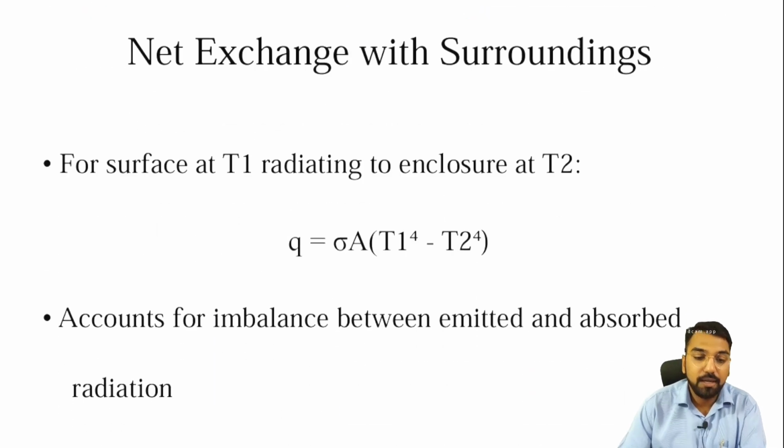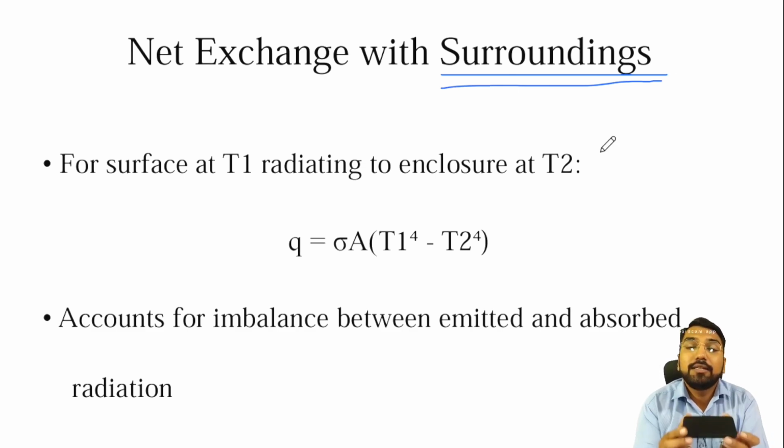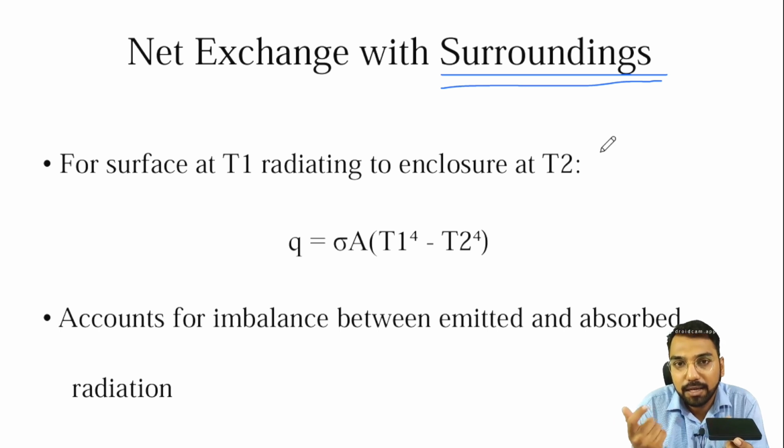Net exchange with a surrounding. What is meant by that? Let's take an example of a metal plate. Let's say this metal plate is radiating 50 watts of heat energy to the surrounding. The metal plate is at a certain temperature, and the surrounding is at a certain temperature.